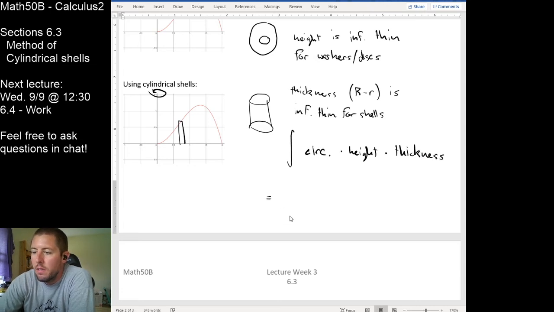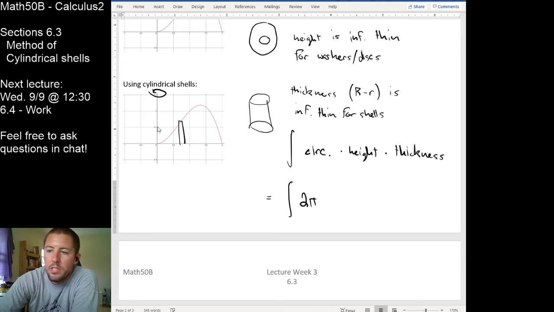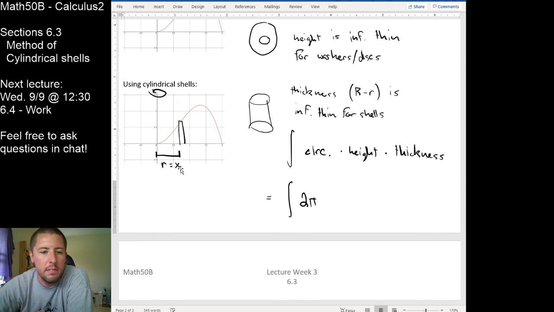In this case, my circumference is going to be 2 pi r. And my r is equal to x, right? The radius to get to the edge of my cylindrical shell is r, and in this case, we're measuring that in the x direction.